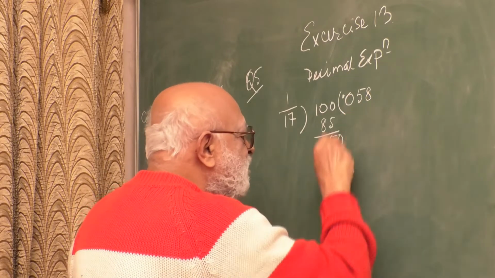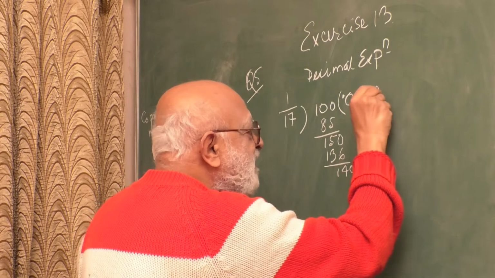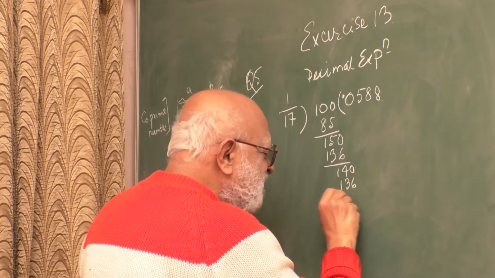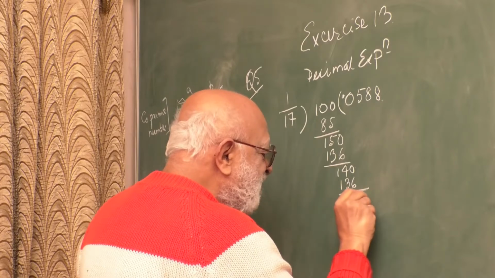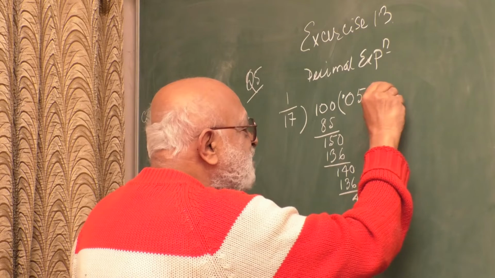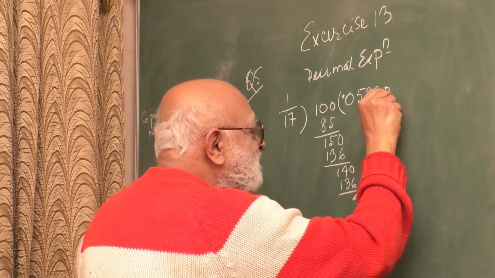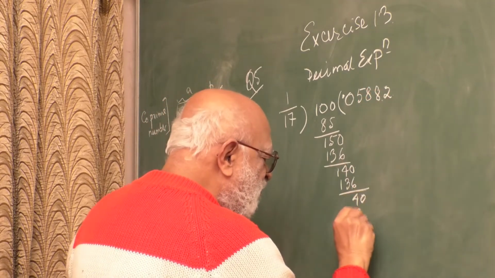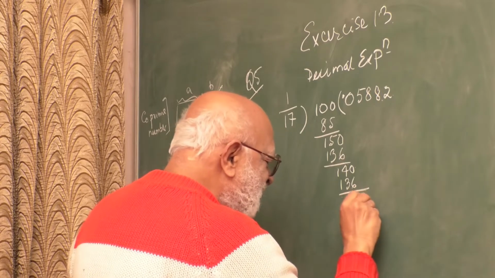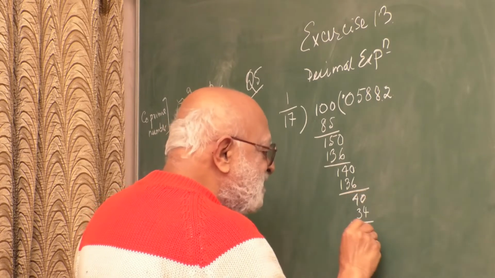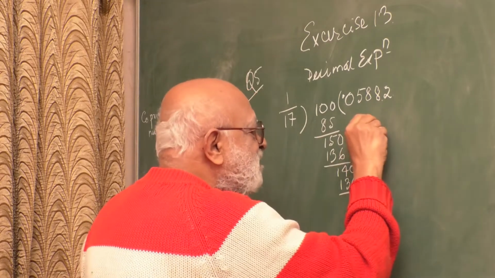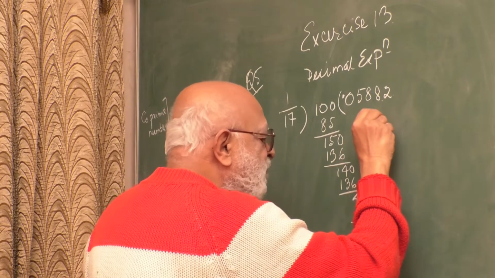So again you have to do the same thing. 8, again 8, 136, then you have 40 here. 40 means 2 is 34, yes, 2 is 34, so you have here 6, and this is 6, so I will go up here so that we remain within our video view.